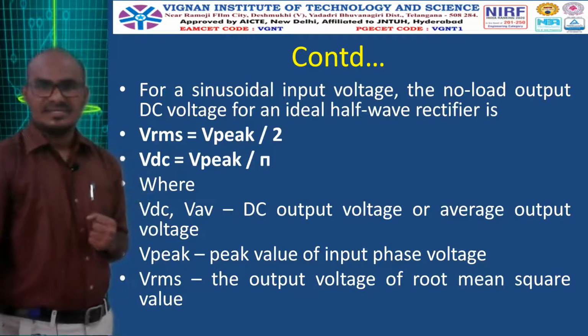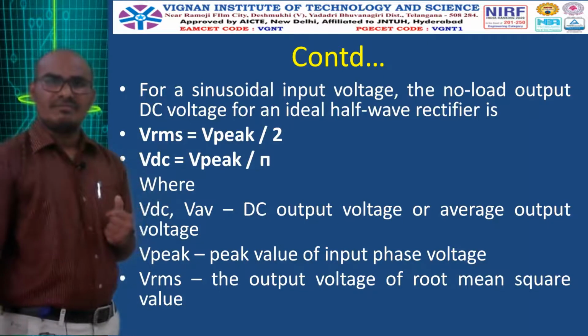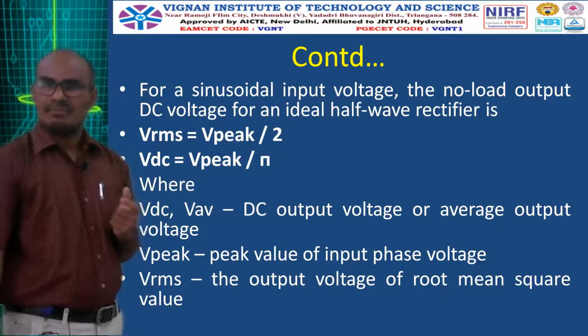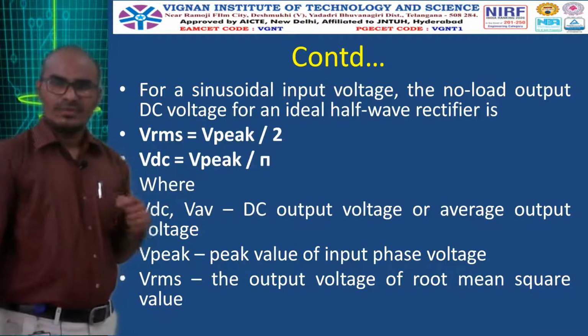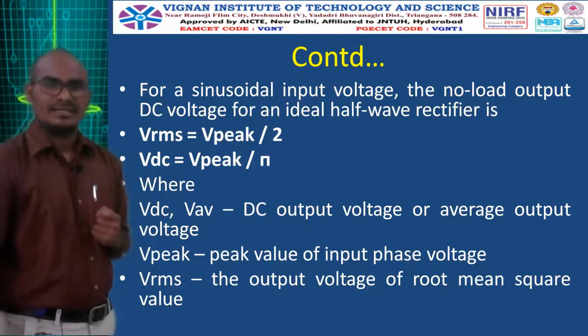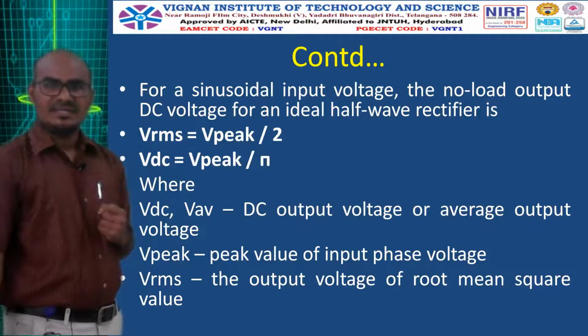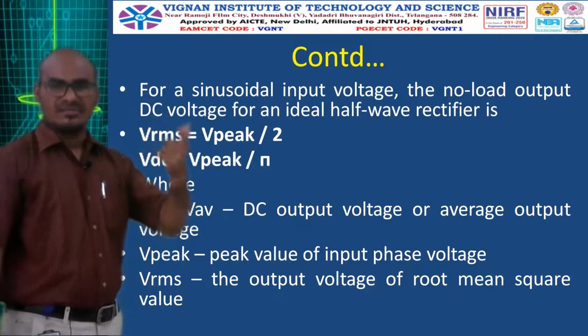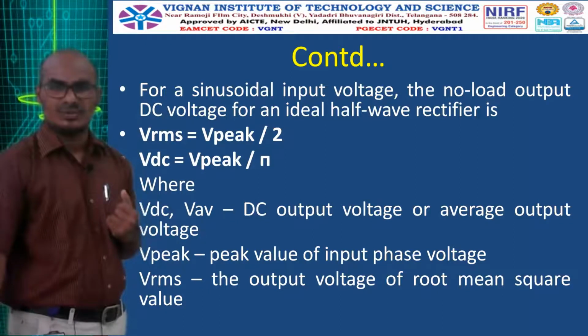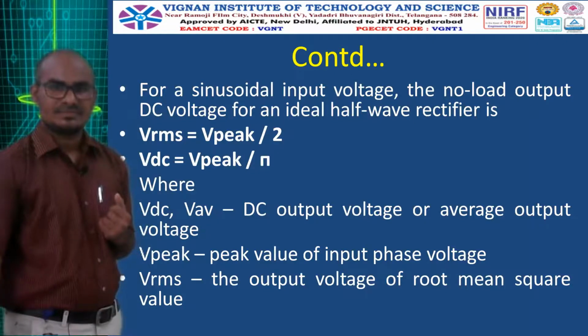VRMS is derived to be V peak or V maximum by 2, and VDC is V peak by pi. This I will derive on the board when I take the live class. Here VDC is the average DC, V peak is the peak or maximum value of the voltage, and RMS is the root mean square value.